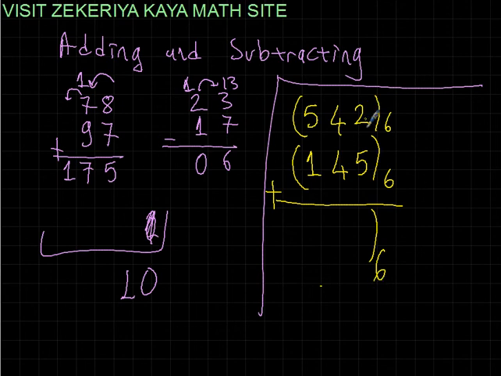Now look at that. 2 plus 5 is 7. 7 is bigger than 6. So I need to take 6 out of 7. If you subtract 6 from 7, there remains 1. So we need to put this 6 to the other part as 1. So 1 plus 4 is 5. 5 plus 4 is 9, bigger than 6.